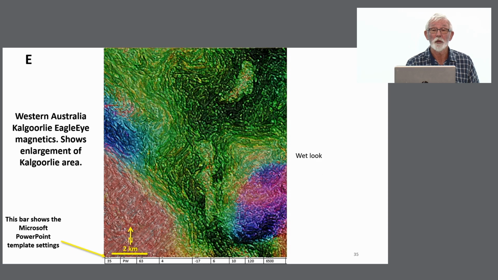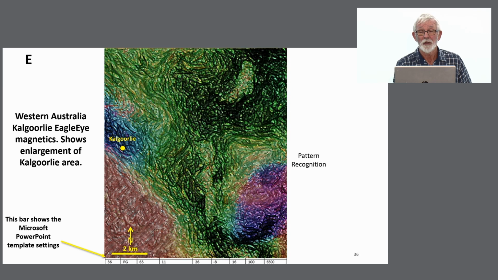Then we use the wet look again to highlight other structures. Now we're starting to see nor-northeast structures. And pattern recognition again. Now we're starting to see relatively clear structures that actually are in the same line as the Kalgoorlie lodes.